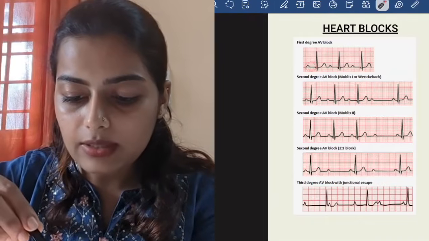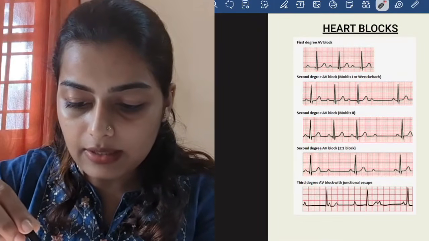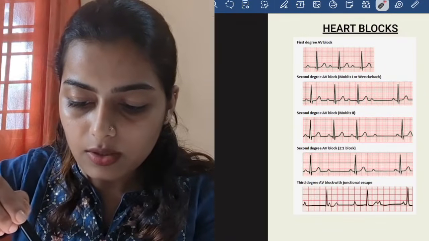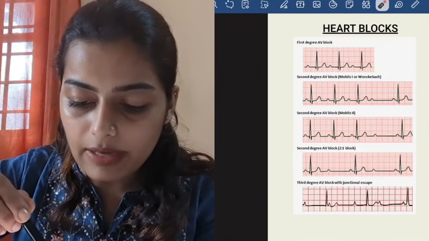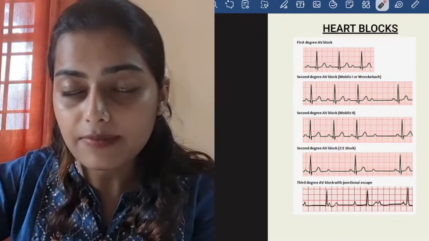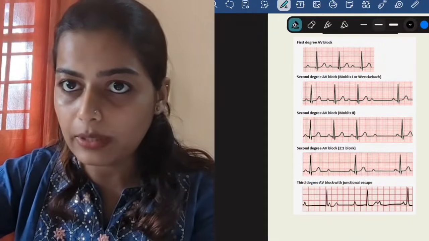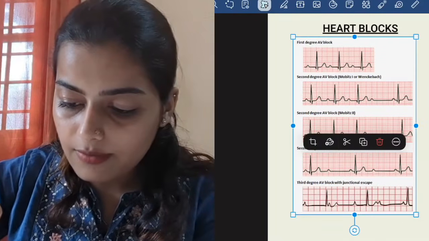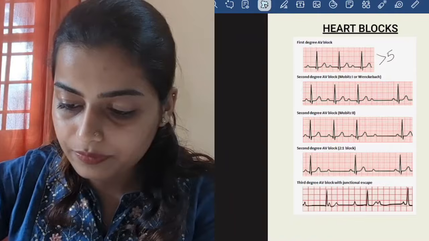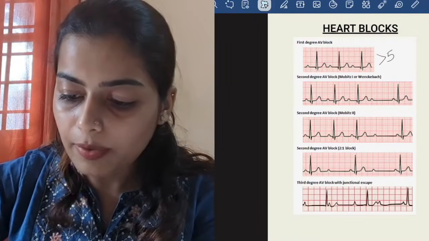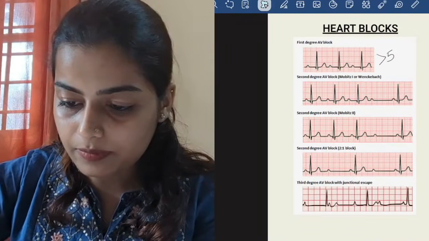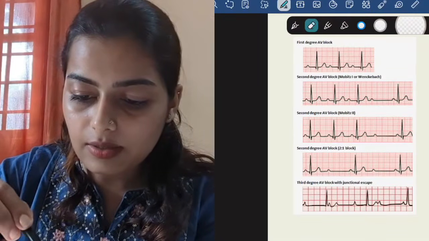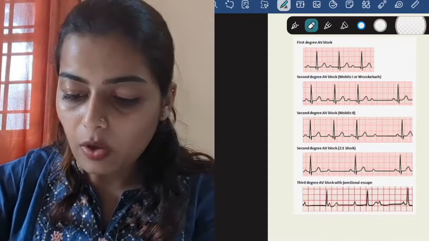The PR interval is counted from the beginning of the P wave to the beginning of the QRS complex. So whenever the PR interval is more than 5 small boxes, it is a prolonged PR interval. That is a trick. That is the first degree AV block, prolonged PR interval.